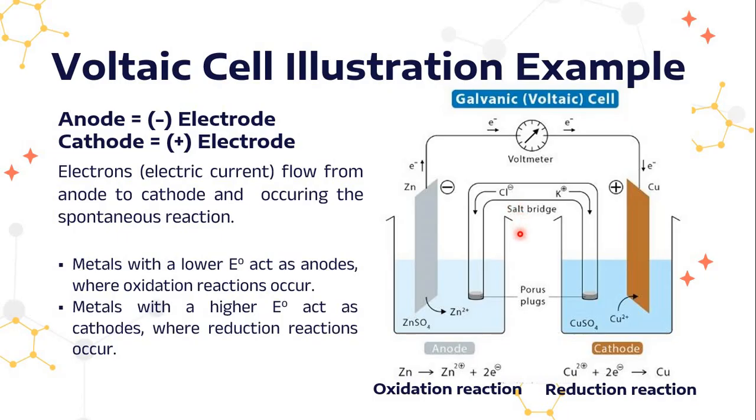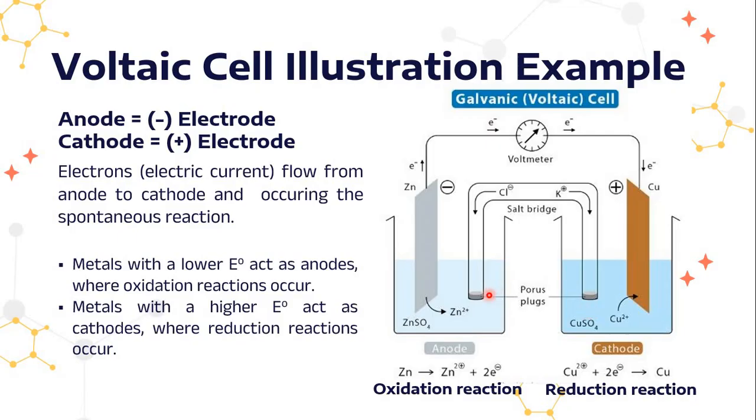So what is the function of the salt bridge? The function of the salt bridge is to connect the two chambers, or two electrodes. Because this is an electric circuit, the electric circuit and the concentration of the solutions must be balanced.